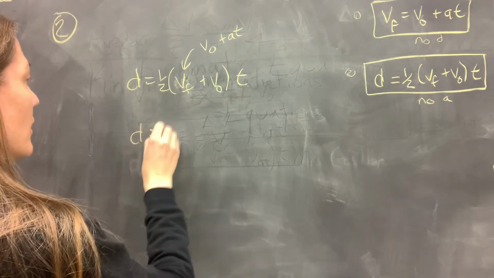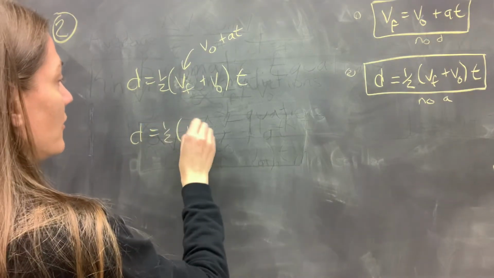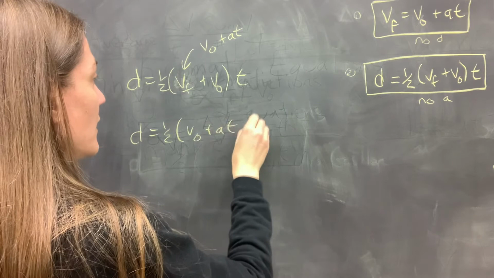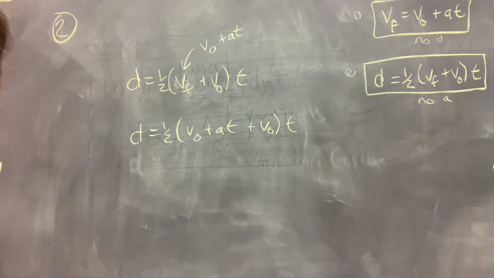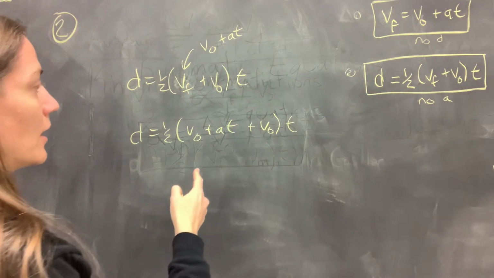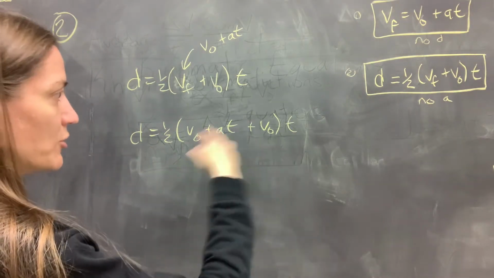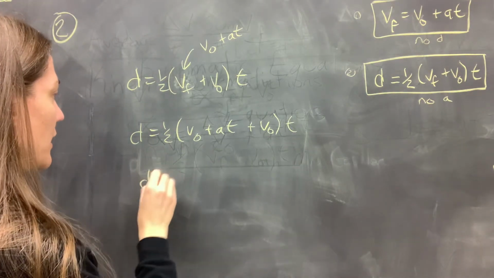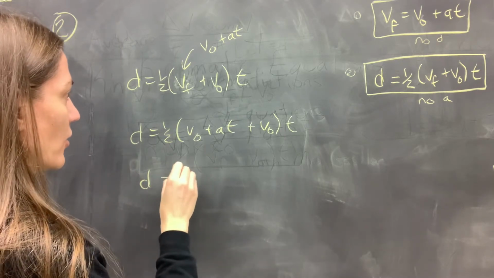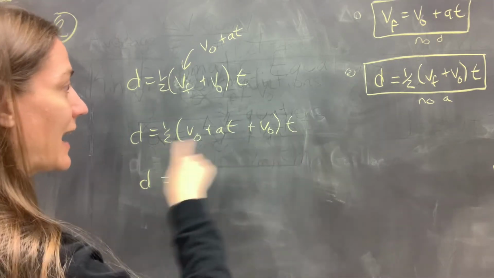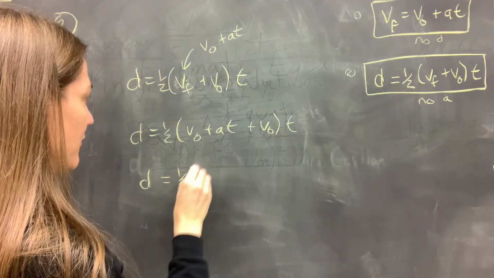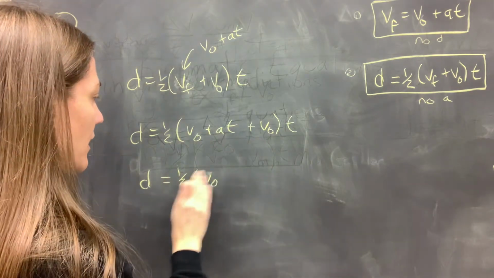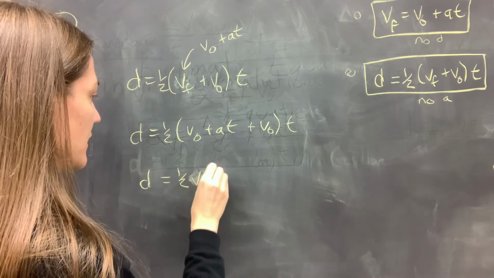So 1/2 V naught plus AT plus V naught times T. See what I did there? Okay. And so I'm just going to do some distributing, and then we'll do some simplifying. So let's see, I've got to distribute 1/2 times T to everything. So 1/2 T times V naught. Actually, they usually write the V naught T in front.